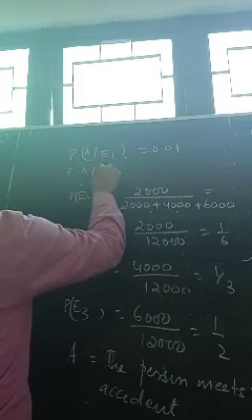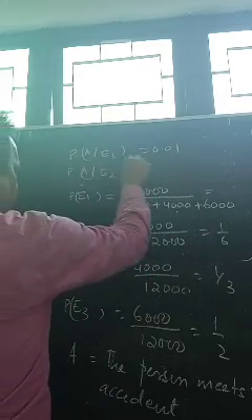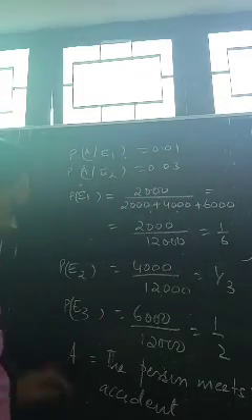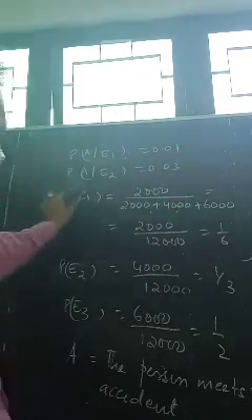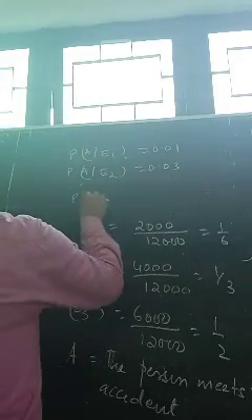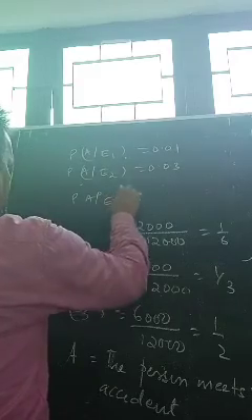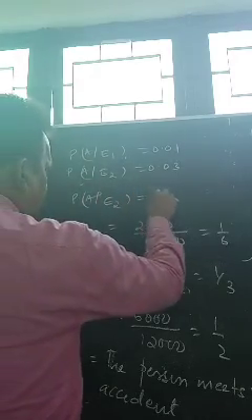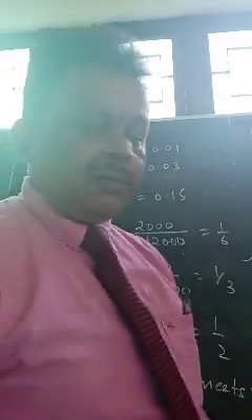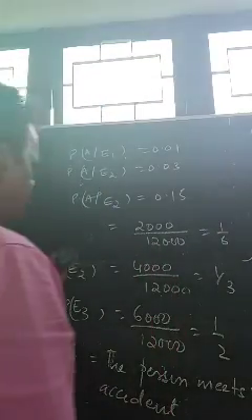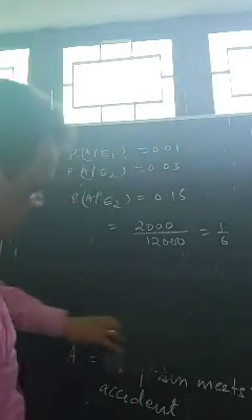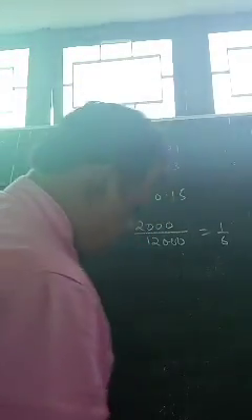Person meets accident. He is a truck driver. It is 0.03. The person he meets with truck accident 0.15. Okay. Then your question is, what is the probability that he is a scooter driver and meets the accident?